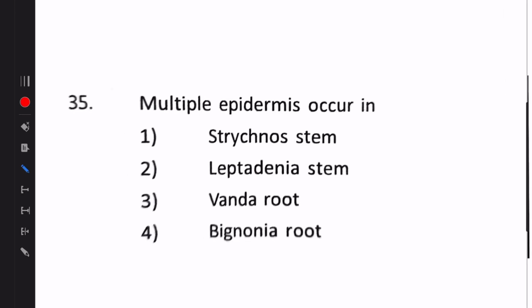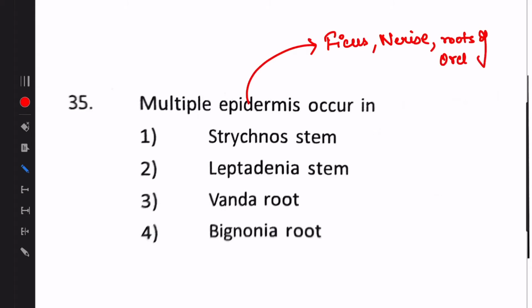Okay, multiple epidermis occurs in: 1. Strychnos stem, 2. Leptadenia stem, 3. Vanda root, and 4. Bignonia. Multiple epidermis is another characteristic feature of plants like Ficus, Nerium, and the roots of orchids, which is also called Vanda.